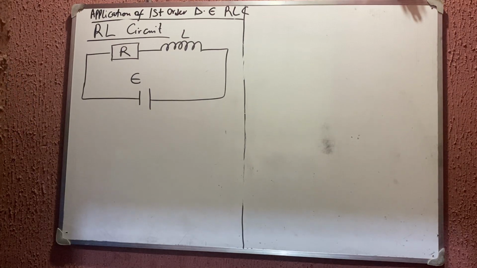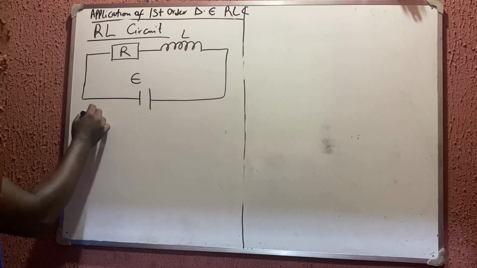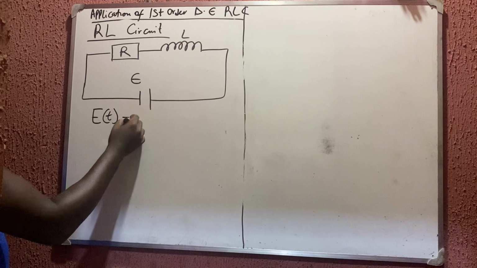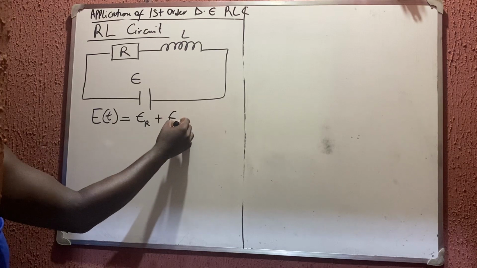According to Kirchhoff's voltage law, the total potential difference should be equal to the sum of the instantaneous potential differences across the resistor and across the inductor.